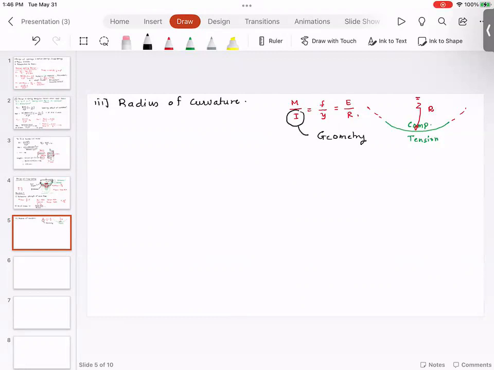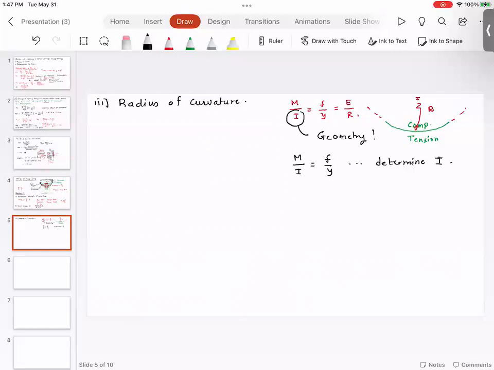So geometry is decided by this equation M divided by I. You have two choices to find out I. So what you can do is you can equate M divided by I is equal to F divided by Y and determine I.